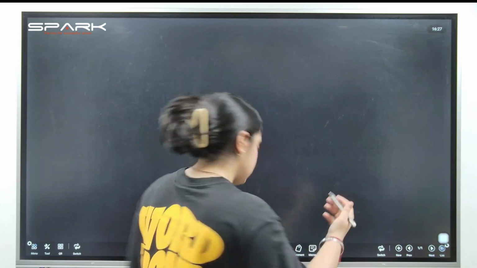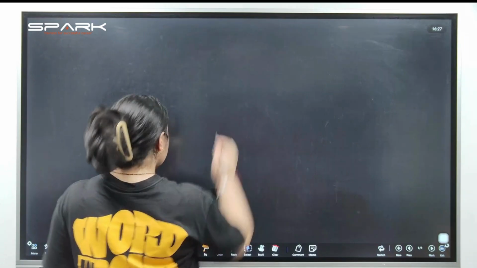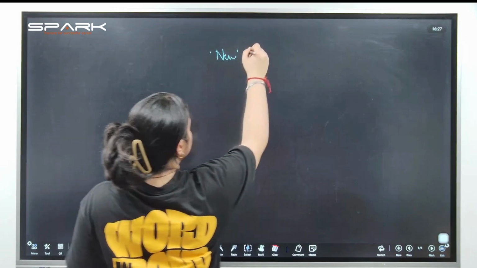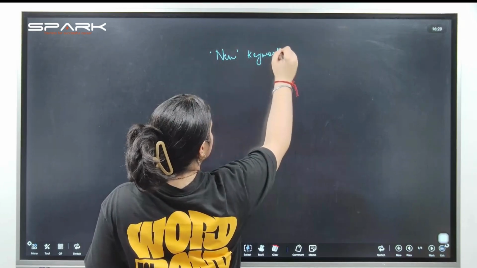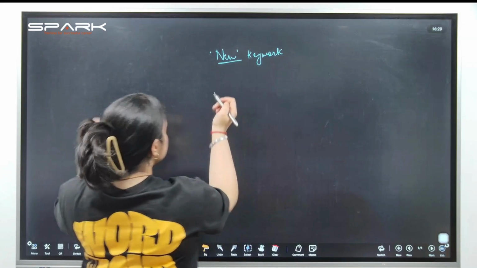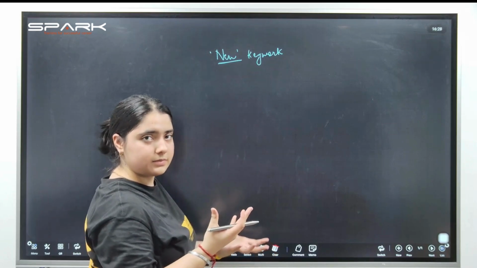So here is a basic code for the new keyword. It is used to create an instance of an object. For that, we'll create a constructor first.